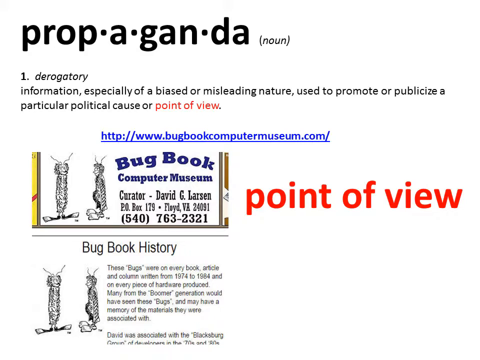I saw it for the first time in 2009, and I have seen the revised version now in summer 2015. So, at this website, the self-appointed curator presents a political point of view that I will discuss on the next slide.